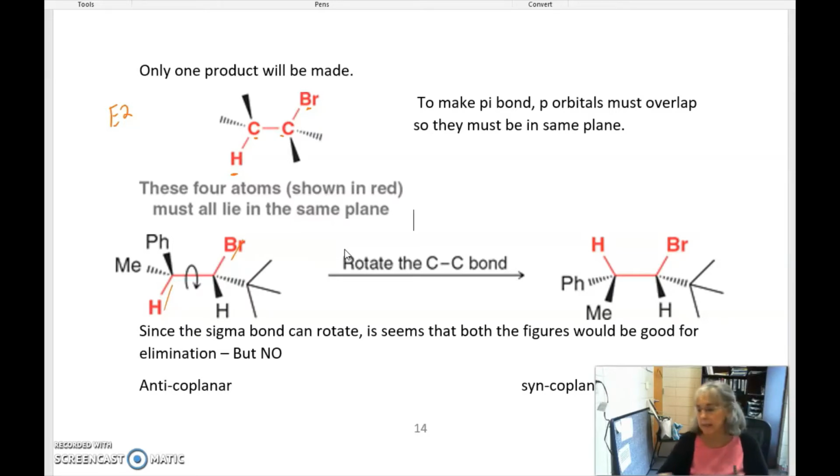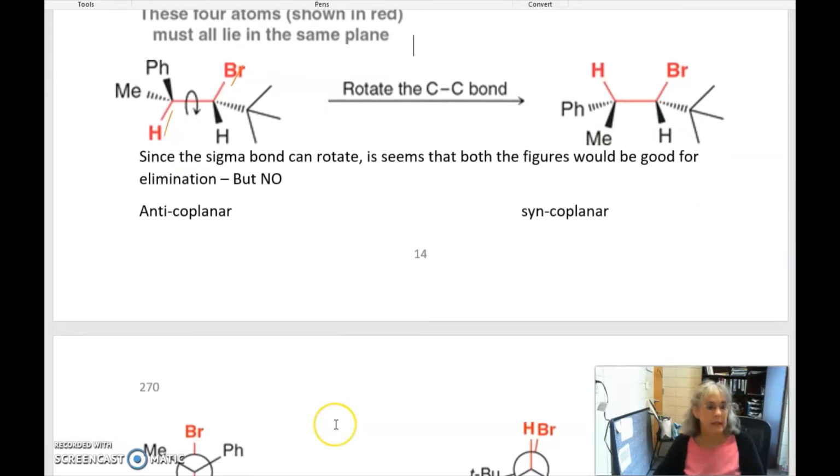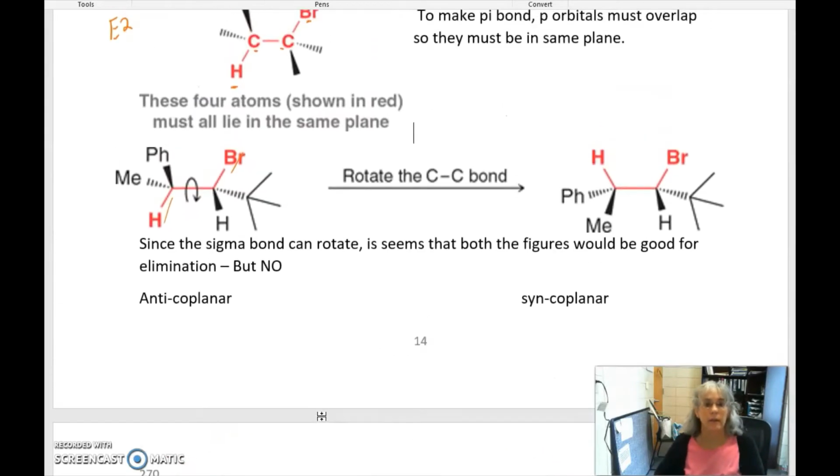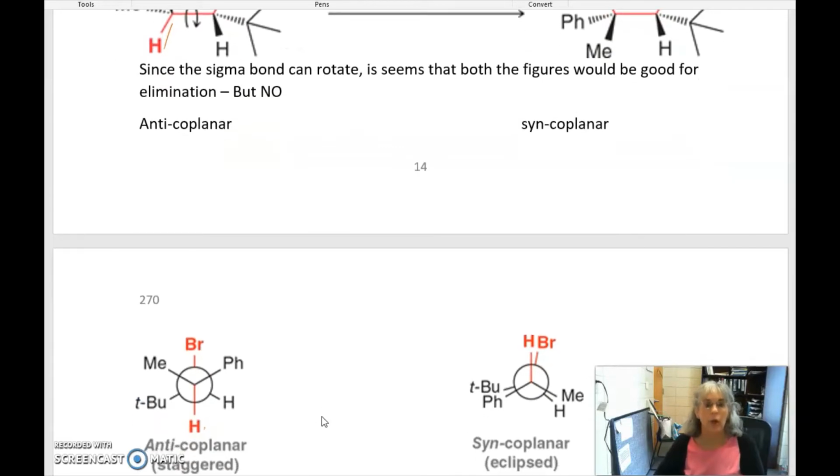We can see this when we look at the Newman projections, that the bromine needs to be up and the hydrogen needs to be down for this reaction to occur. If they are syn-coplanar, so that they're both up, if we look at the Hoffman projection, we can see that they will be eclipsed, and that's not going to be a favorable reaction.